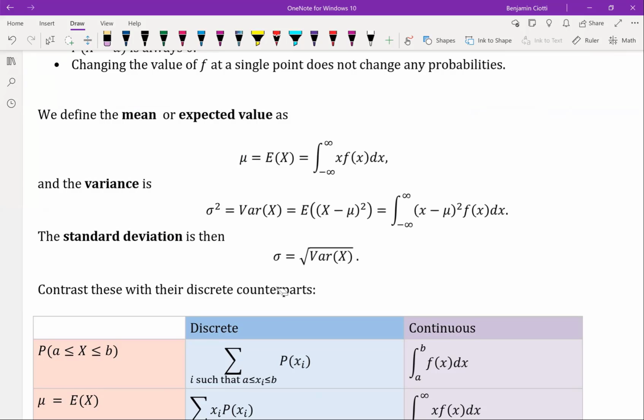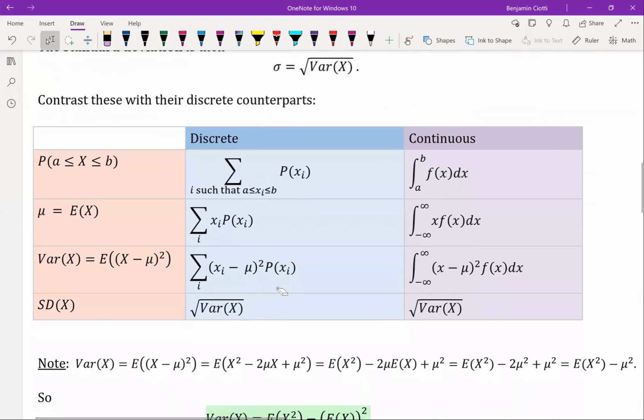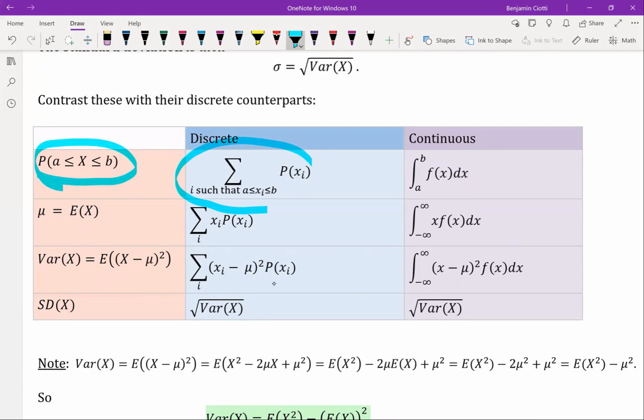So here's a compare and contrast between the discrete and the continuous formulas. For the probability that capital X is between A and B, in the discrete case, we just sum up all the probabilities that correspond to that outcome or that event. And in the continuous case, however, it's an integral.